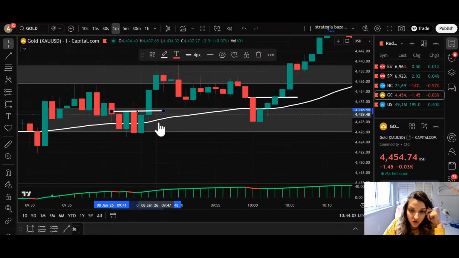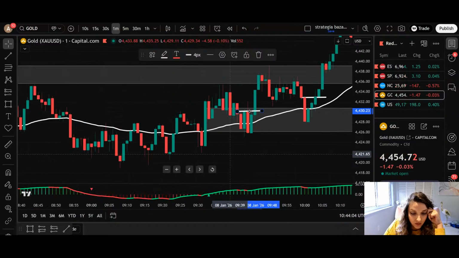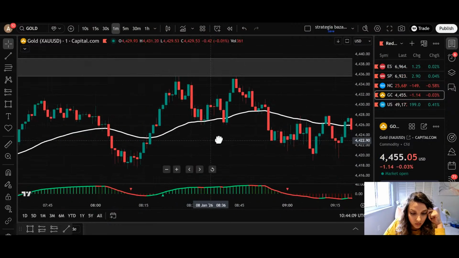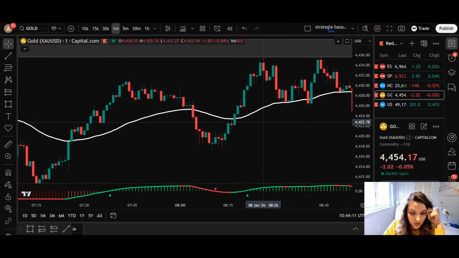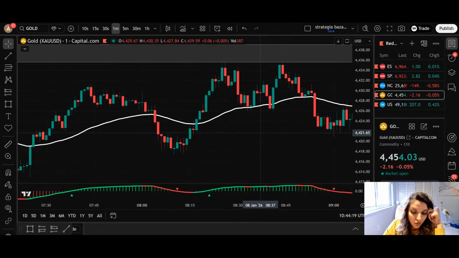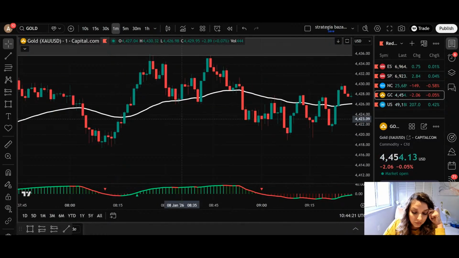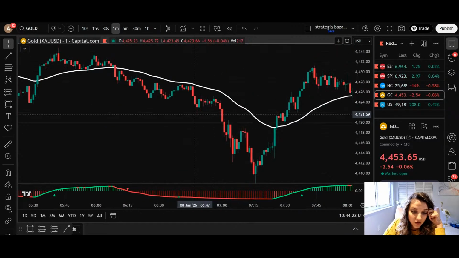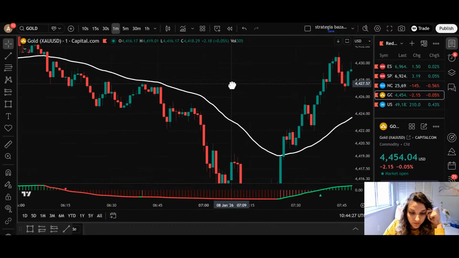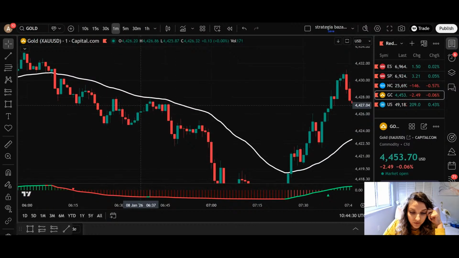It's still a rejection. Let me look for one that's not a rejection. This is not a rejection. I don't consider this a rejection, even though it ended up going. But I personally don't say this is a beautiful rejection. You see, the next candle breaks the low of this.